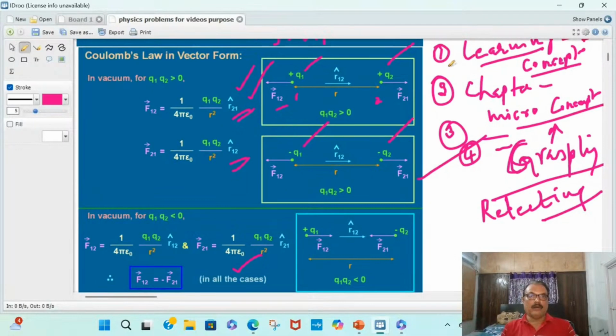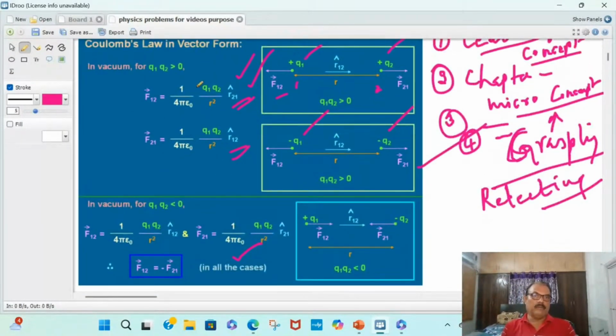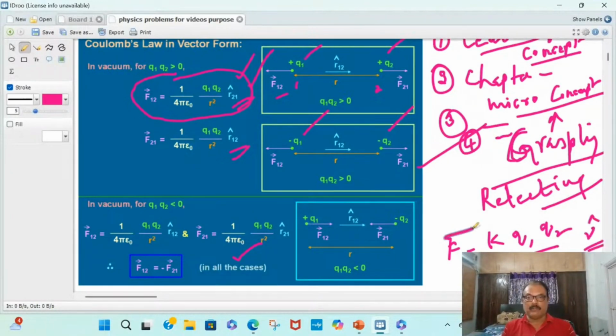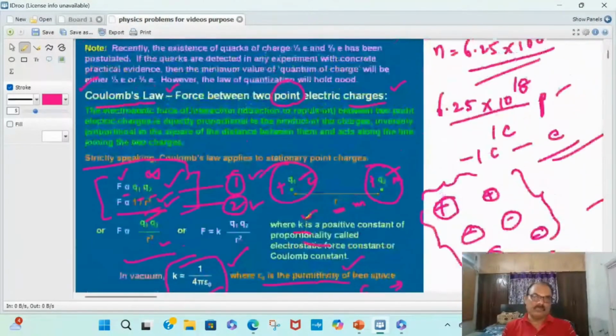Now the vector formula, any one you can remember, either this or this, both are the same. When you write the vector form, simply write F is equal to k Q1 Q2 by r square, r unit vector. The r unit vector is giving a direction as I have explained here. If you remember these things, the Coulomb's law concepts will be clear.